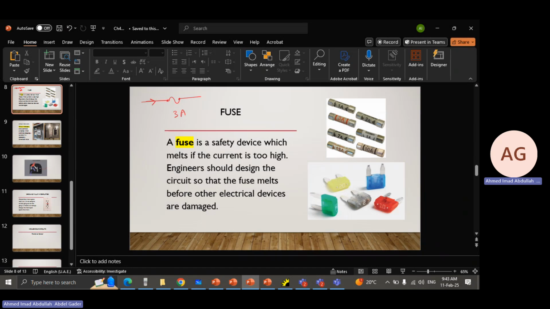And it's used to protect electrical devices from damage, and indeed potentially us humans from being exposed to a high current. Again, when does a fuse melt? When the current in the line exceeds the rating of the fuse.